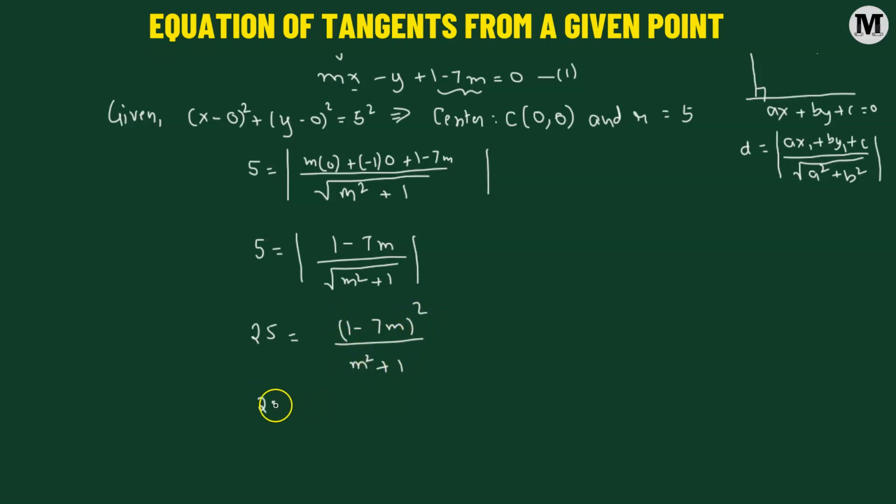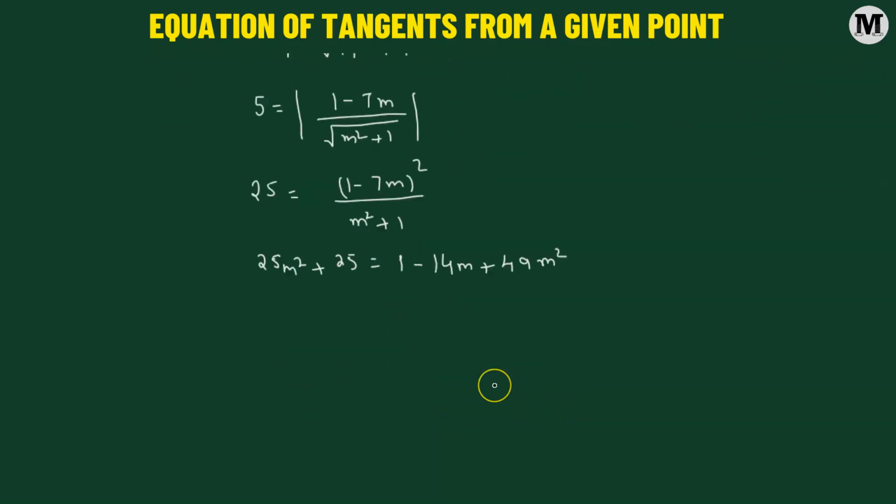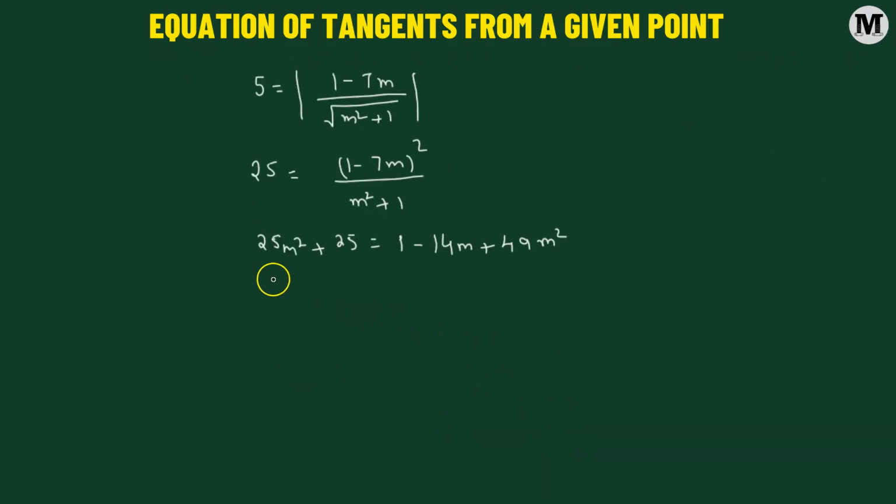Cross multiplying, we get 25m squared plus 25 equals, expanding (1 minus 7m) whole squared, 1 minus 14m plus 49m squared. Rewriting the terms, we get a quadratic equation. We have 49 minus 25, so that will be 24, so we get 24m squared, negative 14m, and 1 minus 25, which is negative 24, equals 0.